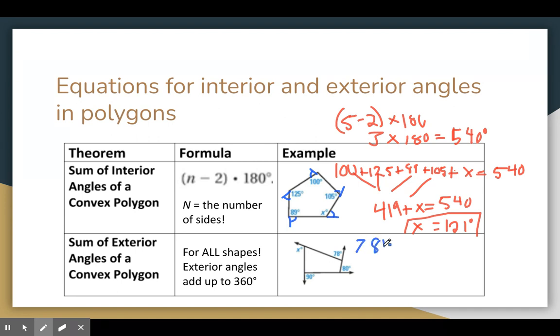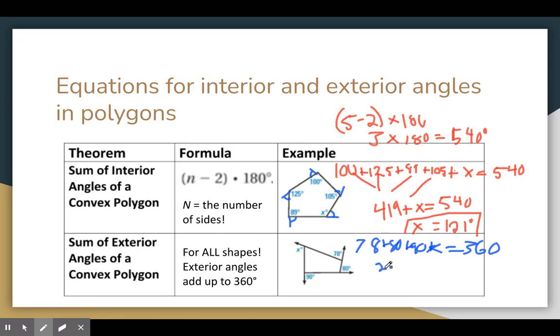So 78 plus 80 plus 90 plus x. Sorry, that's written very poorly, but that's plus x is equal to 360. Okay, and again, I'm going to use my calculator, but 78 plus 80 plus 90 gives us 248.